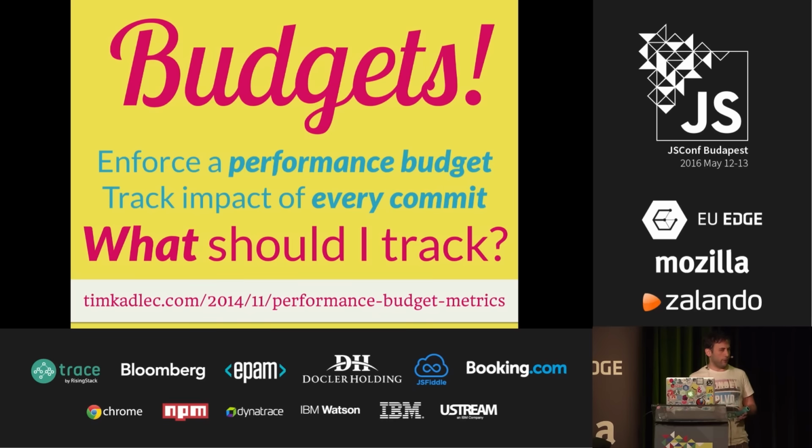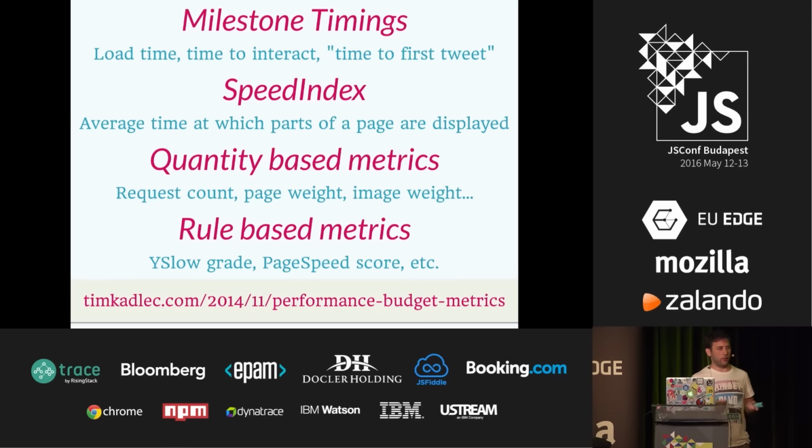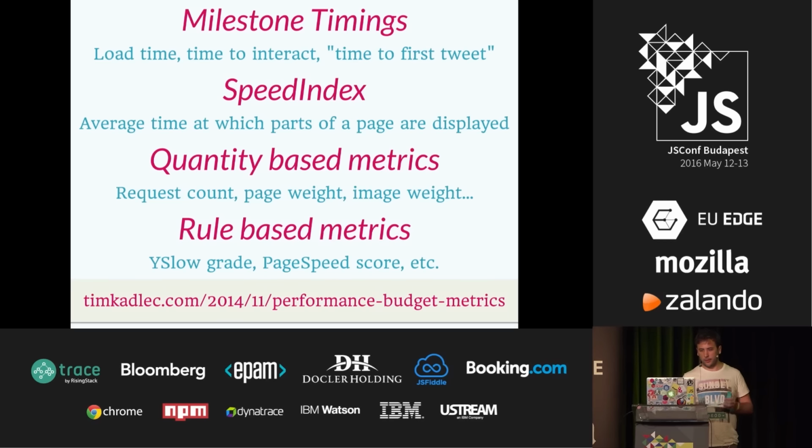There are a lot of different things that you can track. It's not just page load. So, for example, you can track milestone timings like the load time or the time to the first piece of content, like a tweet, for instance. This is something that Twitter popularized, and then it became a thing. There's also the speed index, which is the index I defined earlier. This thing comes from Google, and it has like math in it.